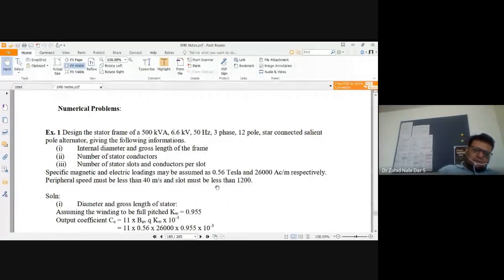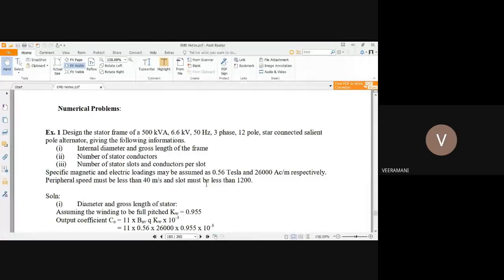Viramani, you read this problem for me. Yes, sir.